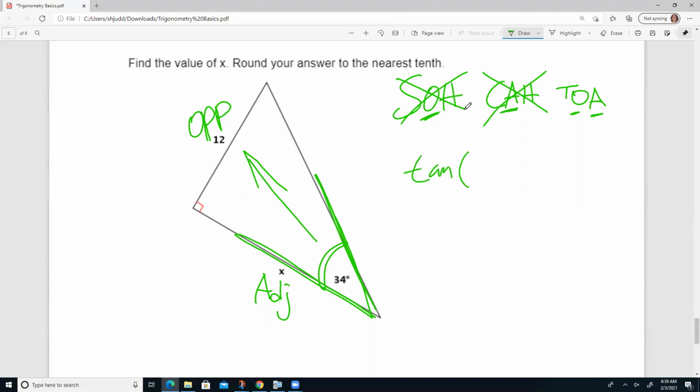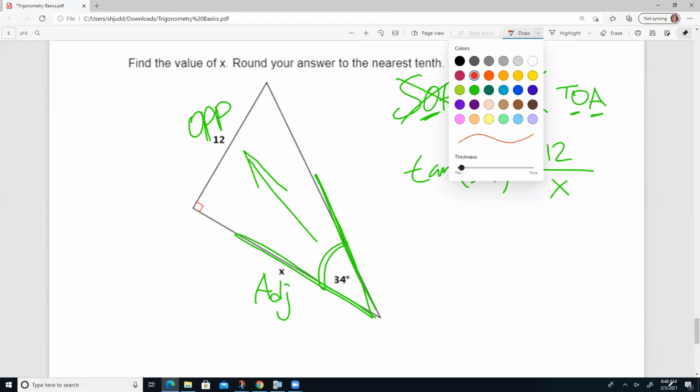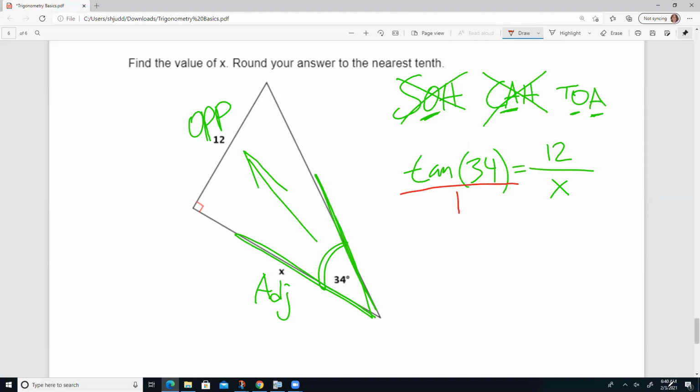So tangent of 34 is going to be equal to opposite, which is 12, over adjacent, which is x. Again, this is like the scenario we had on the last problem where we're going to divide by 1 so we can have two fractions equal to each other and cross multiply. 1 times 12 gives me 12.